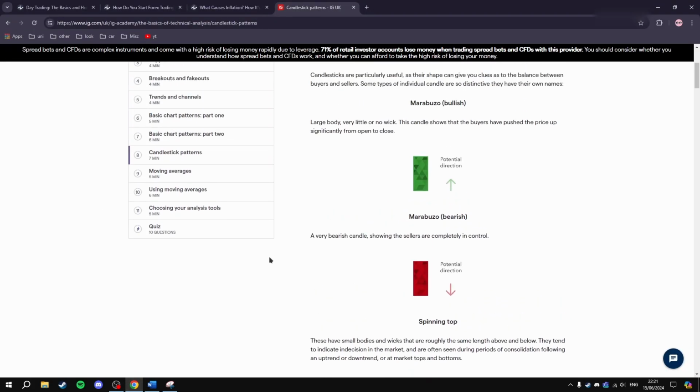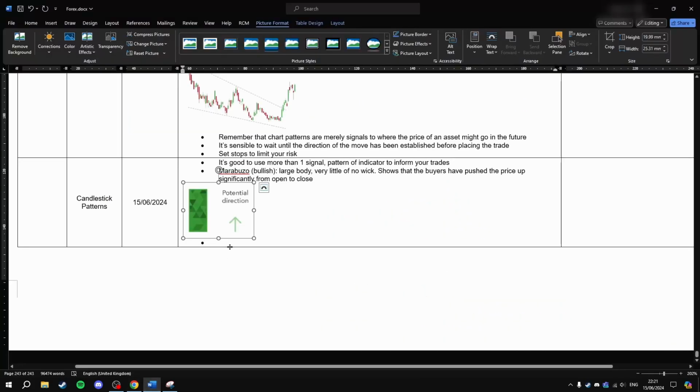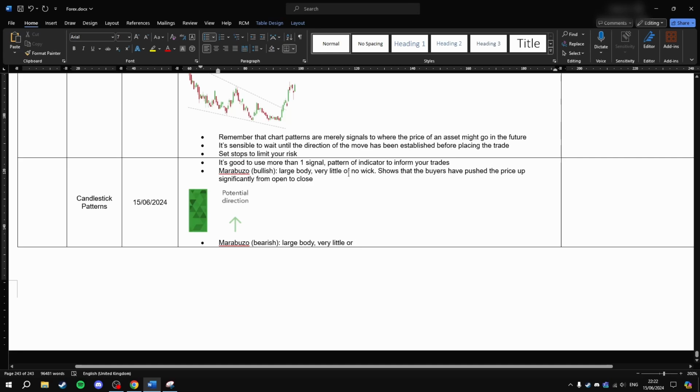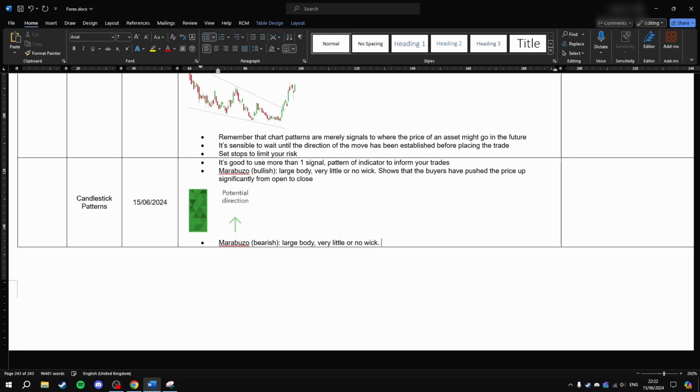Marubozu, bearish. Large body, very little or no wick.